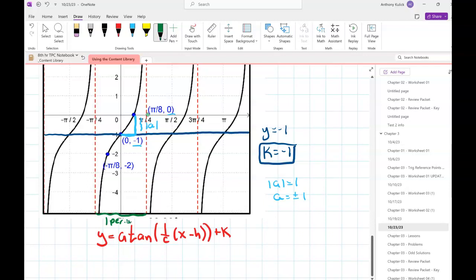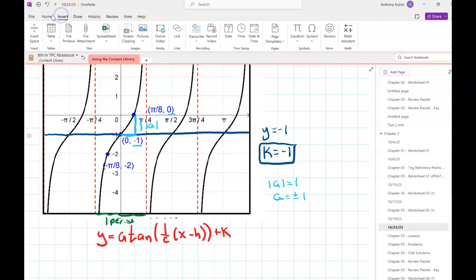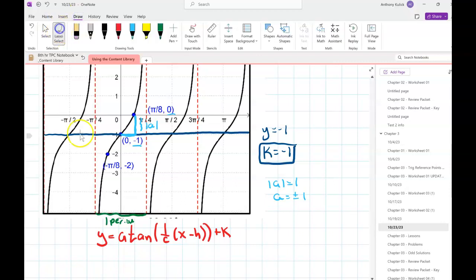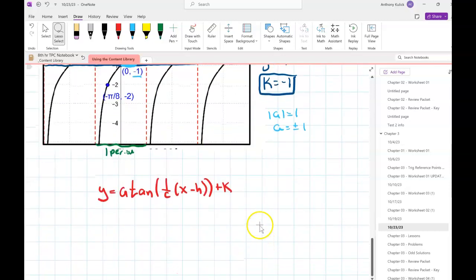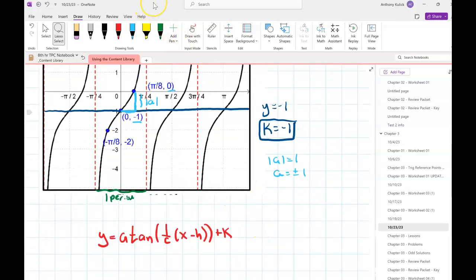I know that this is 1 period. So how far is it from -π/4 to +π/4?